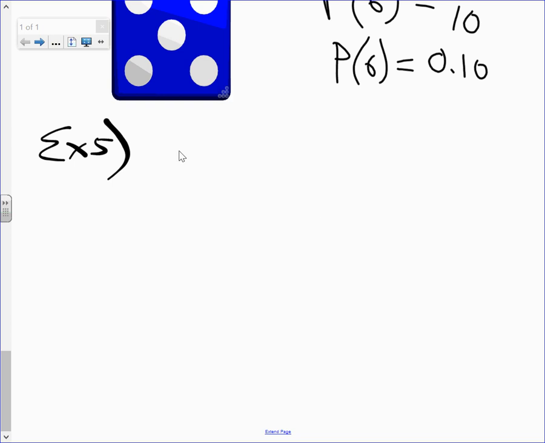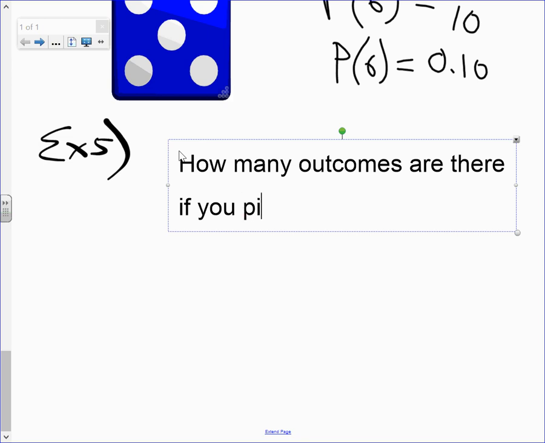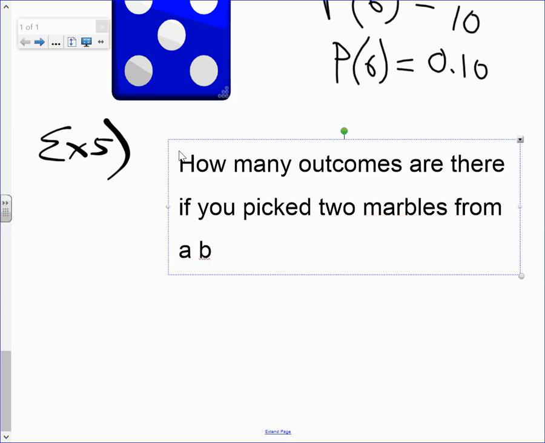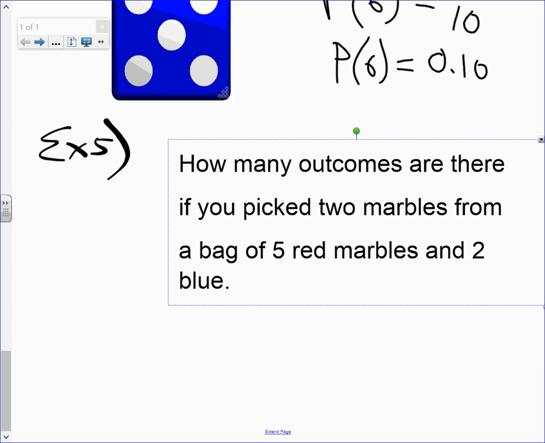How many outcomes are there if you pick 2 marbles from a bag of 5 red marbles and 2 blue? Can you write that down? Yes. Last example for before the break.